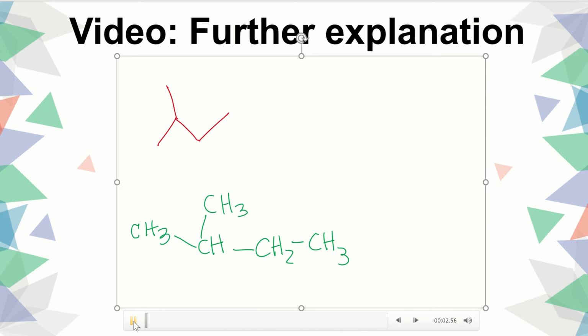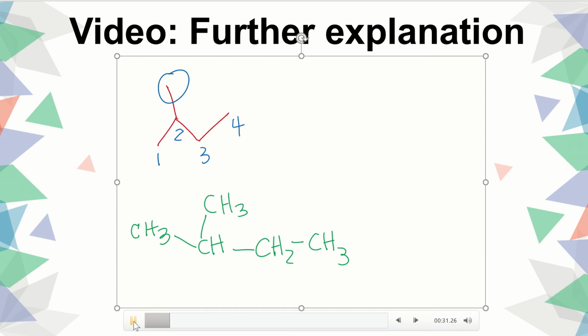So on screen we have the same compound, methylbutane, and of course it's methylbutane because we have 1, 2, 3, 4 carbons, and we have a methyl here at position 2. So we have the same compound but just drawn differently.